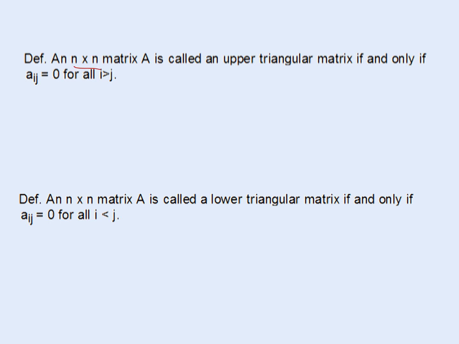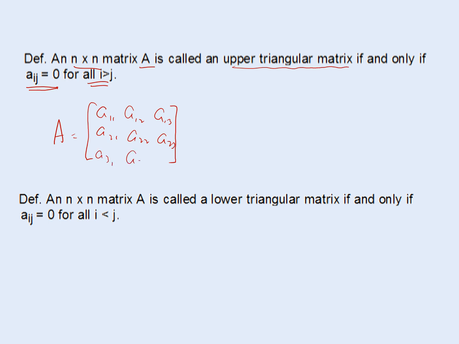An n by n matrix A is called an upper triangular matrix if and only if aij is 0 for all i's greater than j. So supposing that A is a 3 by 3 matrix, the elements are A11, A12, A13, A21, A22, A23, A31, A32, and A33.